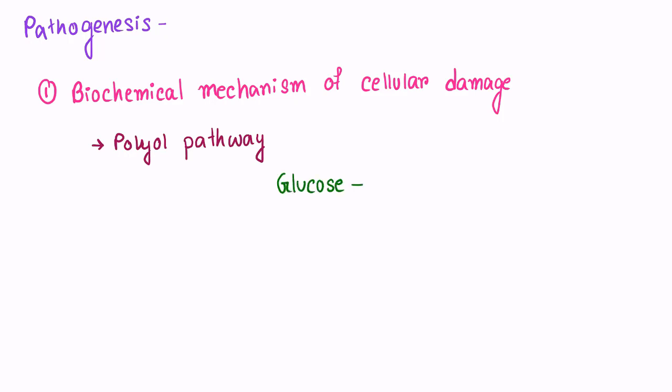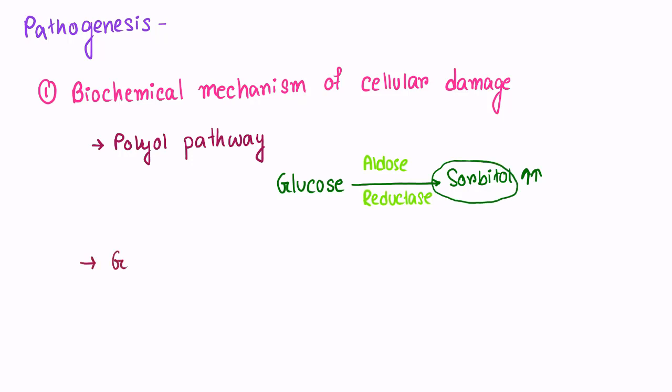Any glucose not used for energy enters this polyol pathway. Here, glucose is converted to sorbitol with the help of aldose reductase enzyme. When blood glucose level is normal, this interchange causes no problem as aldose reductase has a low affinity for glucose. But in hyperglycemic state, affinity rises causing much sorbitol to accumulate.